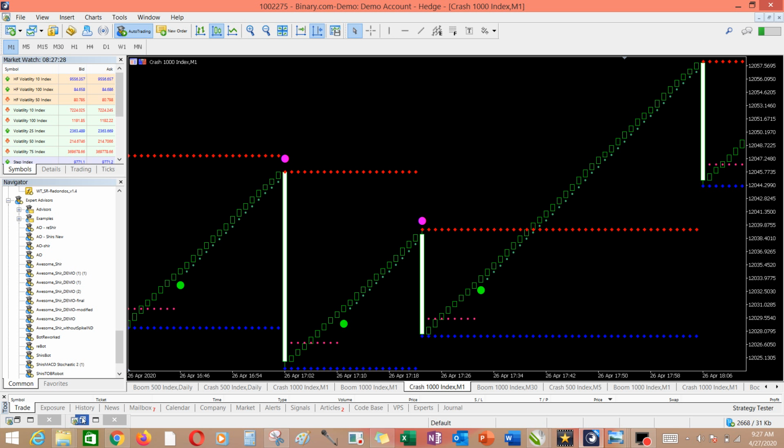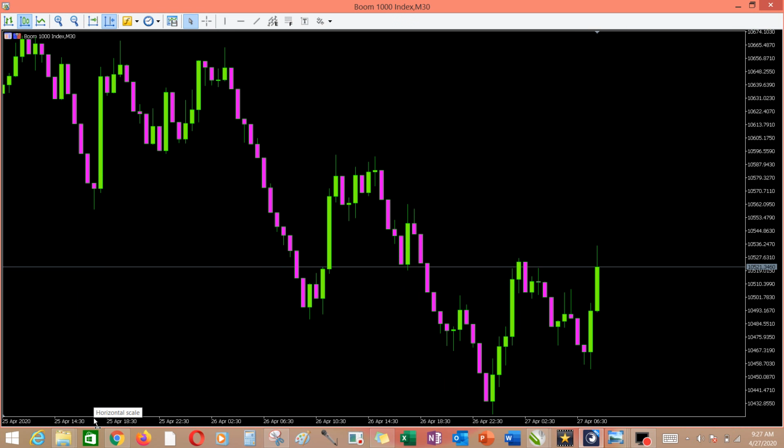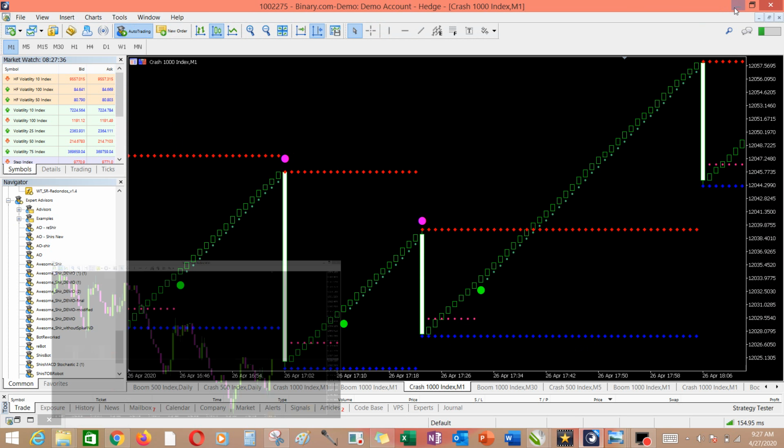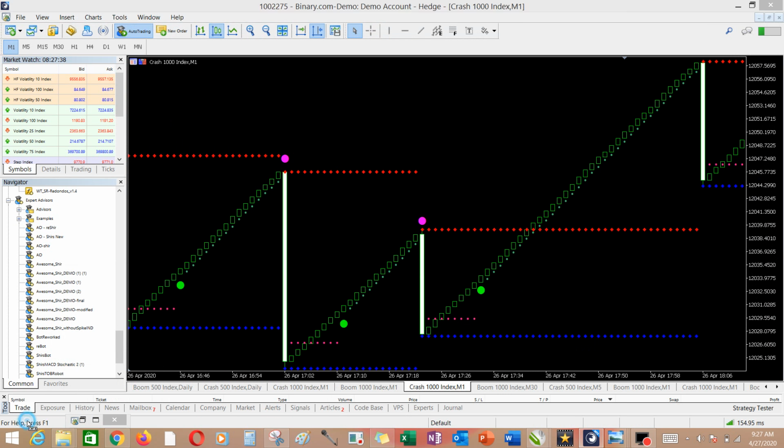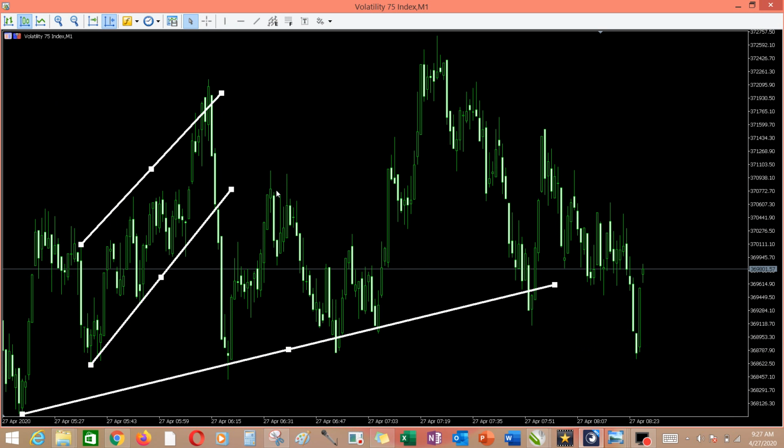So let's go to the main chart, where we have no support and no indicator telling us the support and resistance level. I'll be starting with volatility 75, because it is easy to know the support and resistance level. What you should notice here in volatility 75, currency pairs, all the volatilities, step index and the likes, all assets that do not have the same movement as boom and crash, is that they go zigzag.